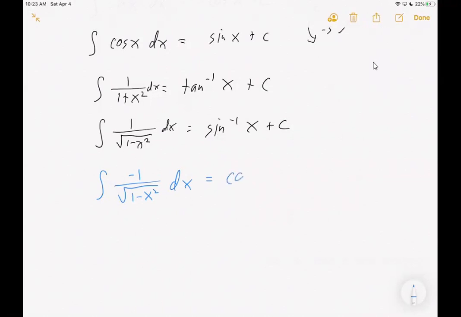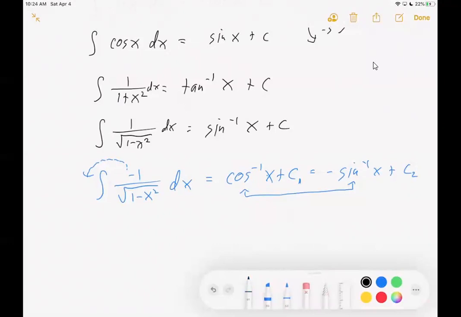So this would be an inverse cosine of x plus c, but the negative sign could have factored out, so this must be the same as, let's call this c1, we don't know what that constant is, the negative of the inverse sine of x plus c. Well, inverse cosine and inverse sine are vertical shifts of each other, so if we pick our c carefully, it really ends up being the same result. So you don't need to know both of those, you just need to know the positive of that.